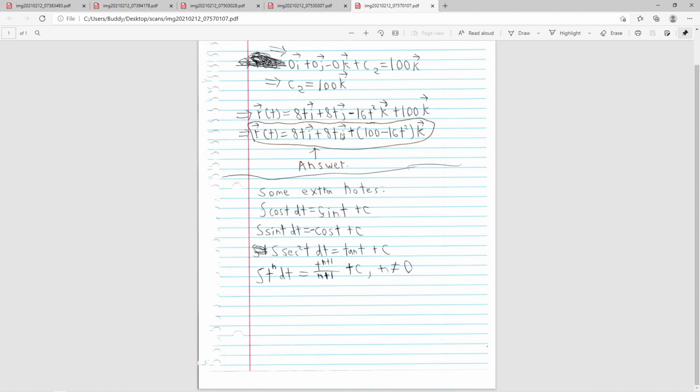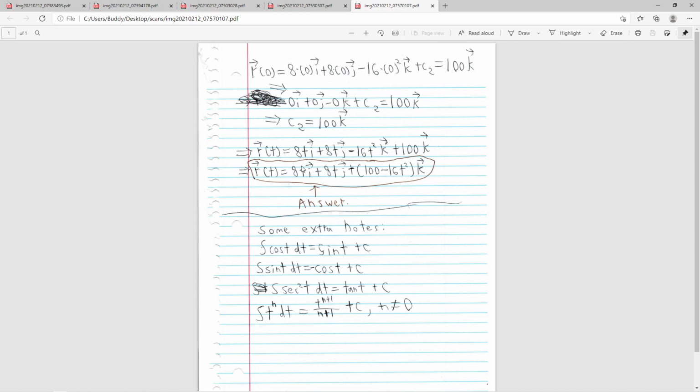It's fairly simply put. So in the end, you add the components together for your final answer: 8ti plus 8tj plus 100 minus 16t squared k. It sounds weird saying it out loud, that's why I try to. But that's the answer.